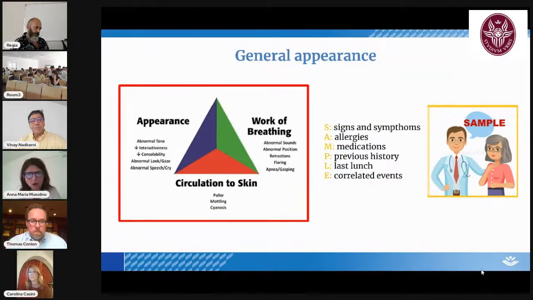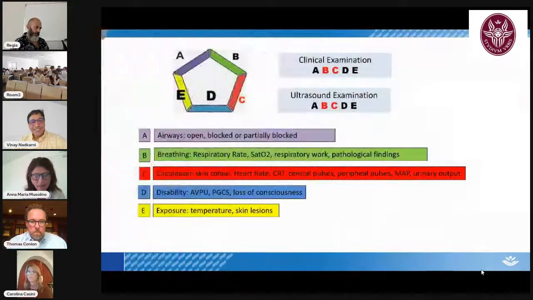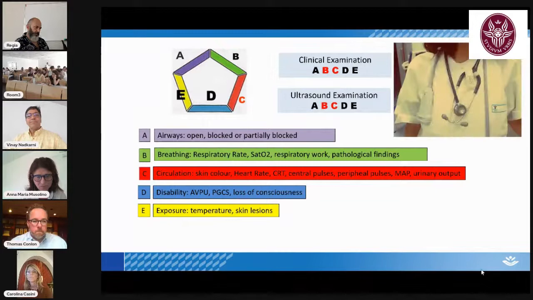So going on with our pediatric advanced life support examination of patients in critical condition, we begin with the triangle of the general appearance, then SAMPLE, and then our clinical examination according to A, B, C, D, E, together with ultrasound examination.